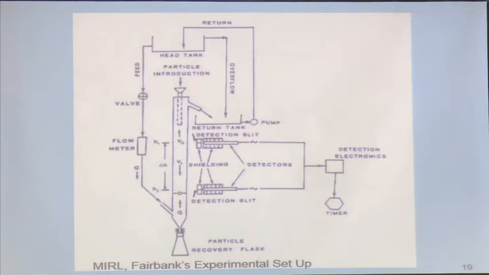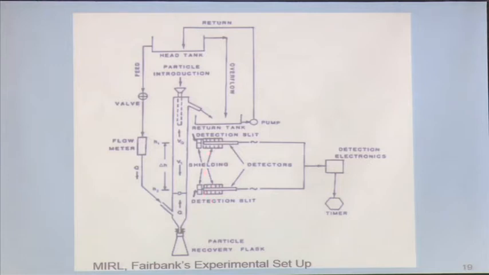The same column is there, but what he did, he made different density particles of spherical shape, and he doped each particle whose settling velocity he wanted to measure with some isotope. Okay. And then I know what the density is after giving that isotope, and then he has got two nucleonic detection systems fixed at two different locations.